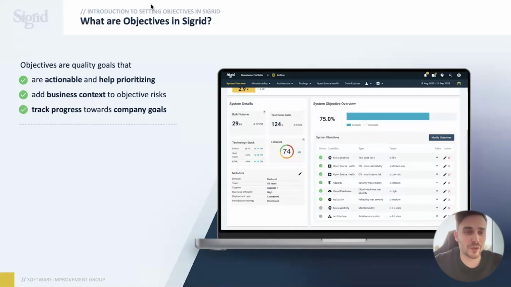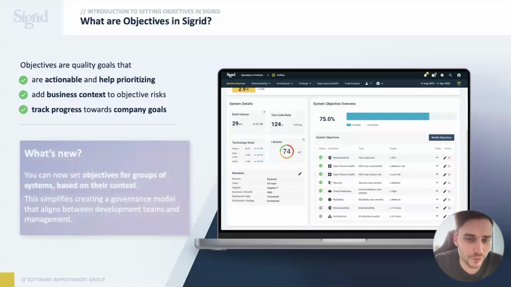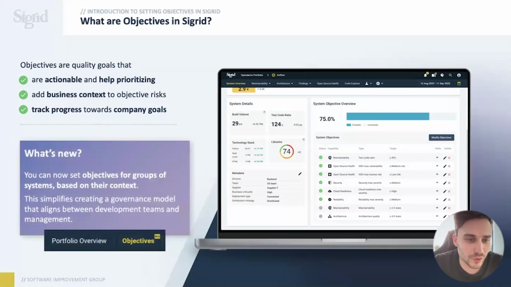And that's why we added objectives in Sigrid, to add the business context to your quality insights. And if you do this, you can also track progress towards company goals. And we will show you how the new portfolio objectives overview can help you align those goals.